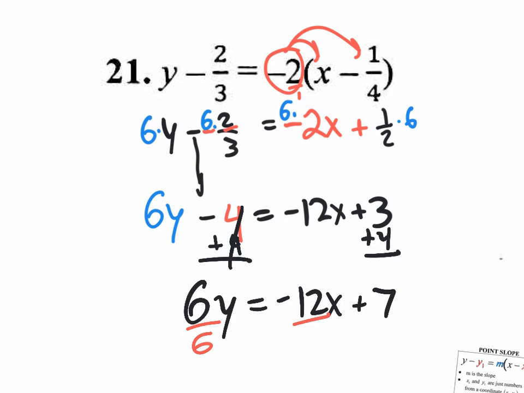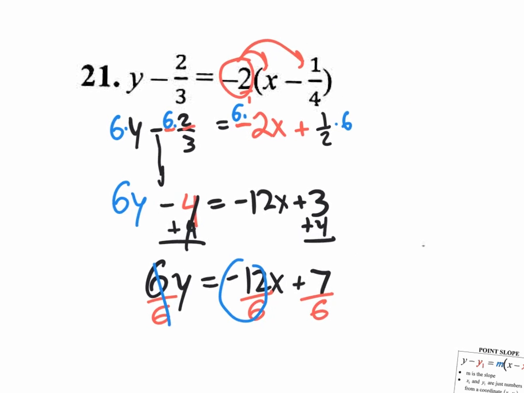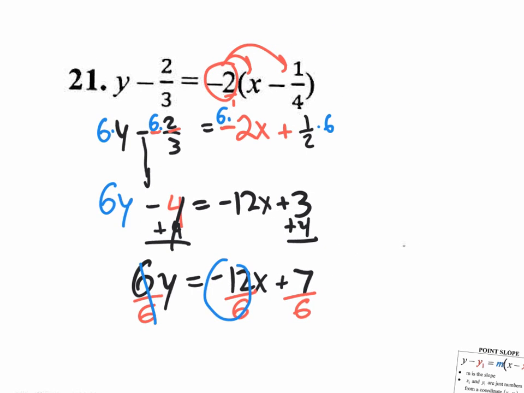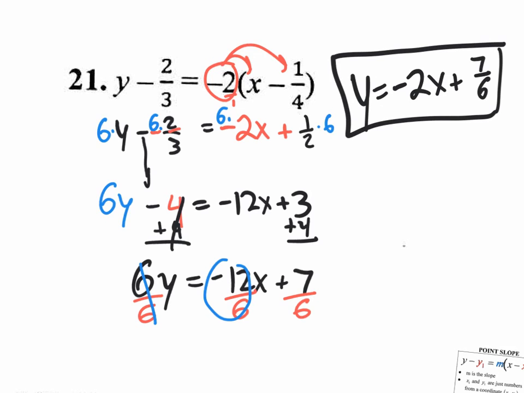Divide by 6, divide by 6, divide by 6. Cancels. This becomes negative 2. So my final slope-intercept form equation on number 21 is y equals negative 2x plus the fraction 7/6. It's okay to have fractions. That is your answer for number 21.